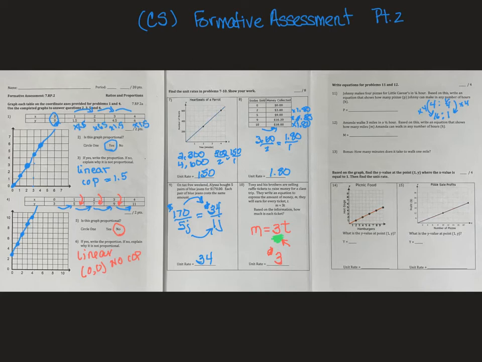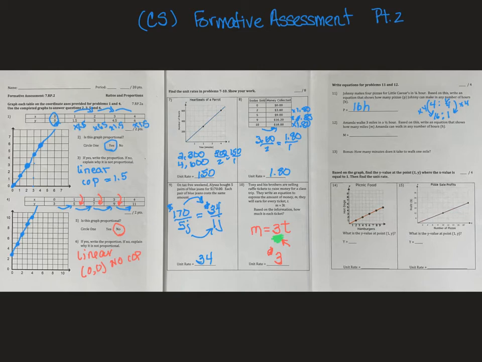So in the problem it says, how many pizzas, P, which is already there, can he make in any number of hours? Well, if he makes 16 pizzas per hour, he would make 16 times however many hours he worked. Okay, remember the unit rate gets multiplied times the x value, and in this case the x is hours.